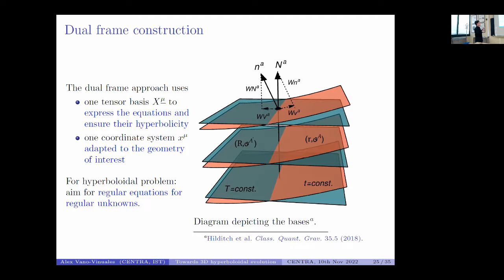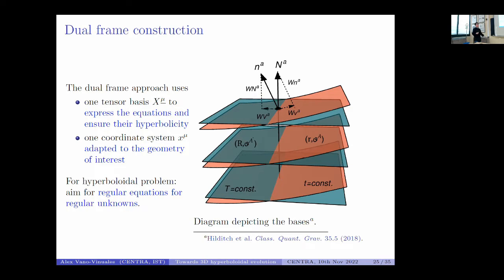One, the capital coordinates, is used to express the equations and ensure that they are hyperbolic, which is something you require for any numerical implementation. And then you have another set of coordinates, the lowercase ones, which are adapted to the geometry of interest. These are used to express the Einstein equations in generalized harmonic form, and these will be adapted to the hyperboloidal slices. That is the basis.